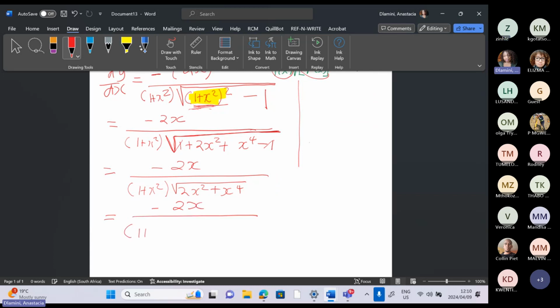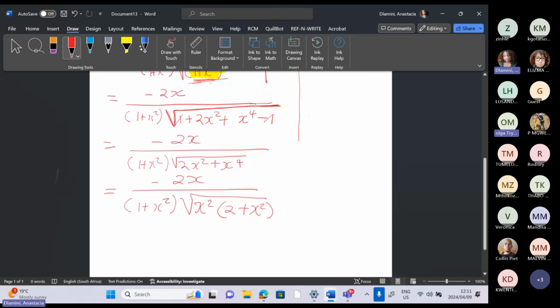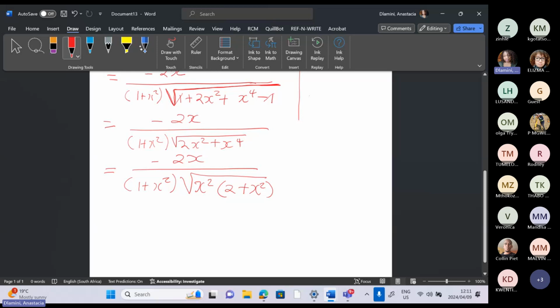Then it's 1 plus x squared. Now inside here, you'll notice that we can take out x squared. So this will be x squared, then we'll have root 2 plus x squared. Are we all together there? Yes, ma'am.